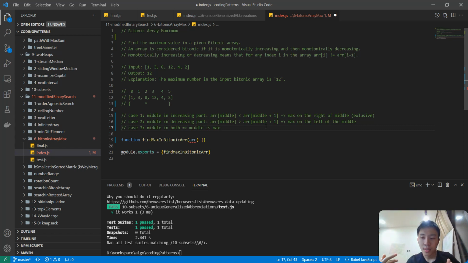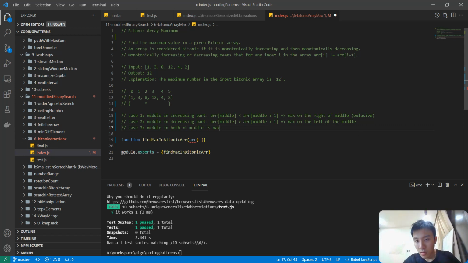So it can be the case that the current number is the maximum one and the number on its right is the second number in the decreasing part, right?